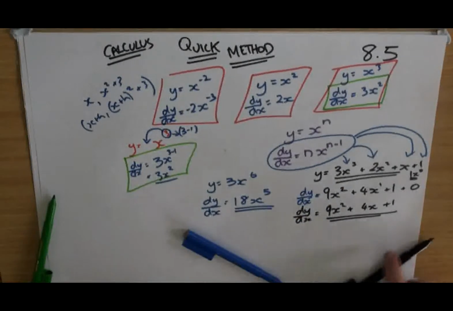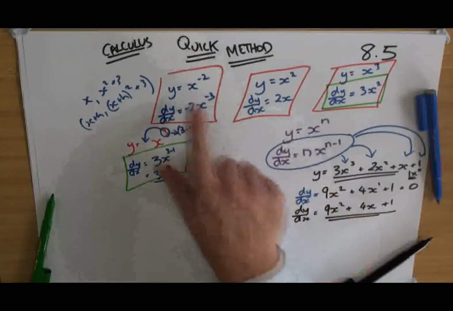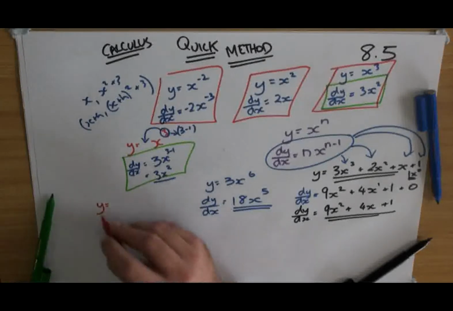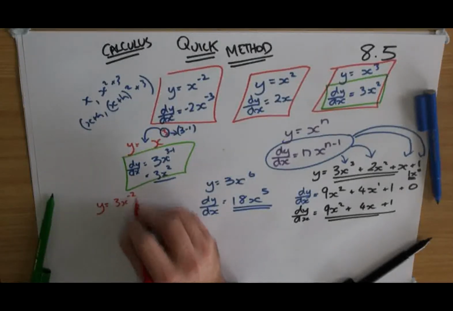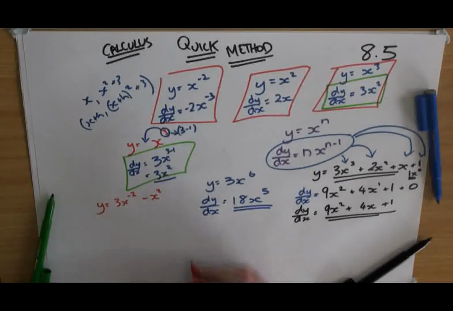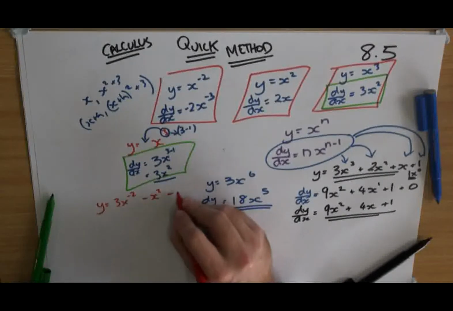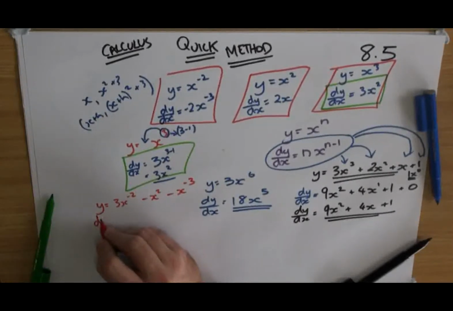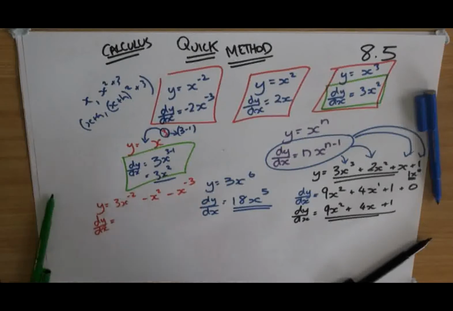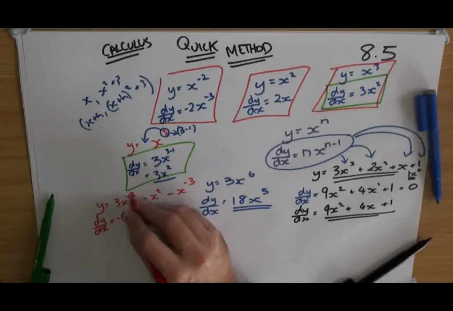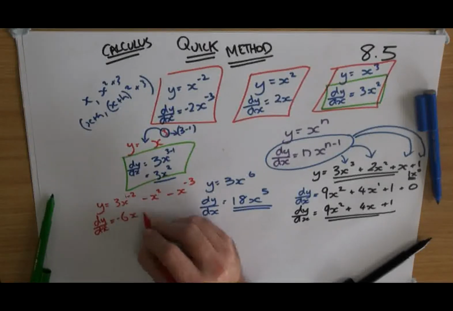We can even use it if we have negative powers, as we had a look at up there. What if we had y equals 3x to the negative 2, minus x squared, minus x to the negative 3? We can even have minuses in our equation. Let's try this one. dy dx, which is how we write our derivative, equals negative 6, because that negative 2 comes down and multiplies that 3, negative 6x, minus 1 is negative 3.